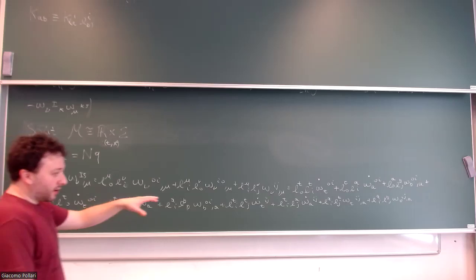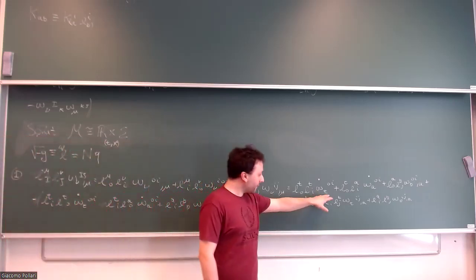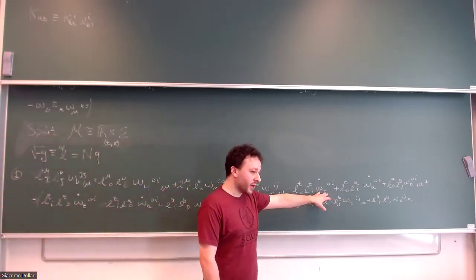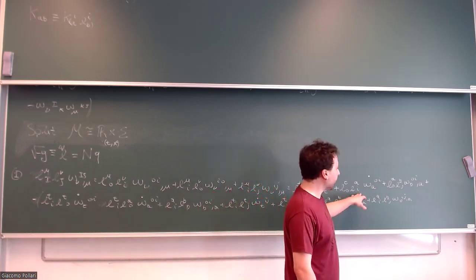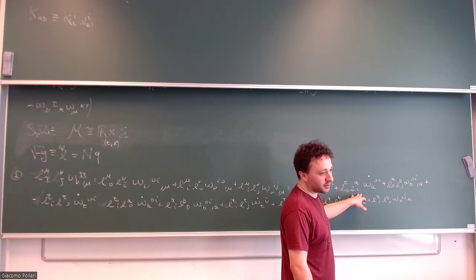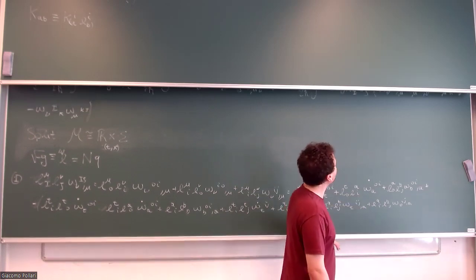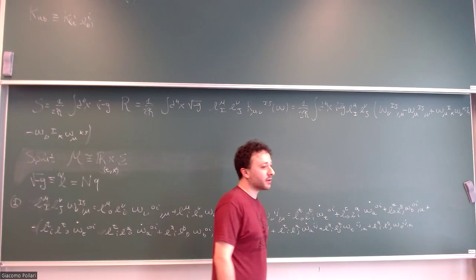So we have exactly the derivative of the connection, and we don't have the derivative with respect to the triads. You see from there. Okay.